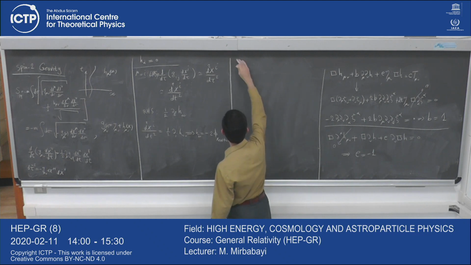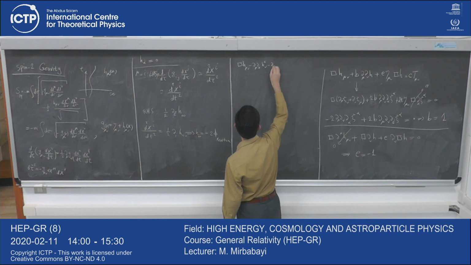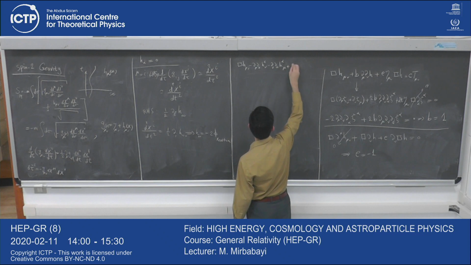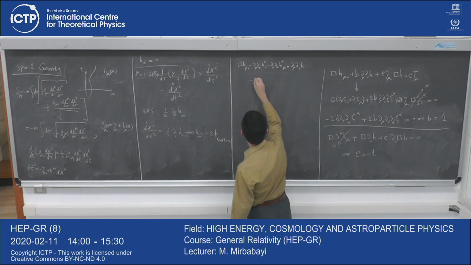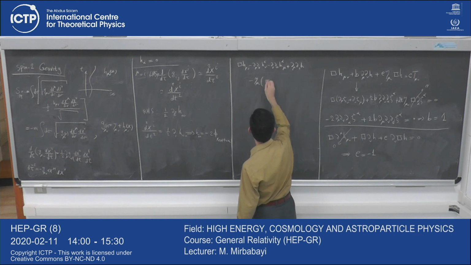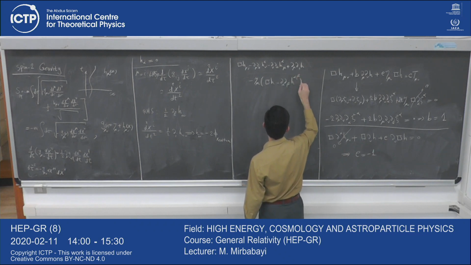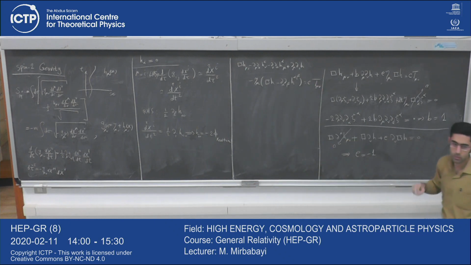So that equation was box h_μν minus ∂_μ ∂_α h^α_ν minus ∂_ν ∂_α h^α_μ plus ∂_μ ∂_ν h minus η_μν box h minus ∂_α ∂_β h^αβ equals c T_μν.